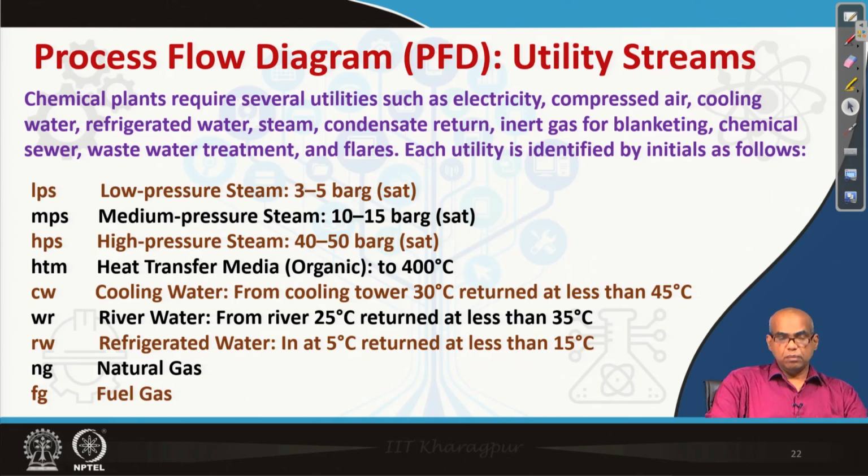LPS represents low pressure steam, MPS medium pressure steam, HPS high pressure steam, HTM heat transfer media organic, CW cooling water from cooling tower at 30 degree Celsius returned at less than 45 degree Celsius, WR river water from river at 25 degree Celsius returned at less than 35 degree Celsius, RW refrigerated water, NG natural gas, FG fuel gas, etc. So, these are the initials that will be used to identify utility streams.